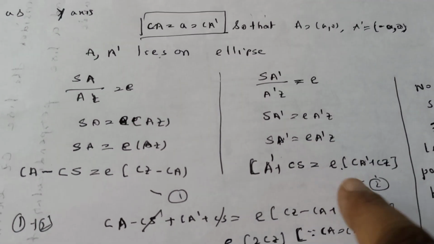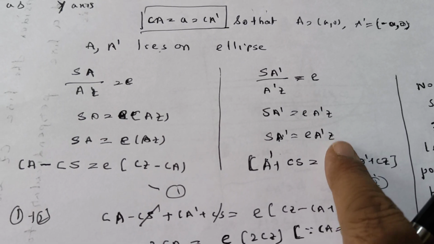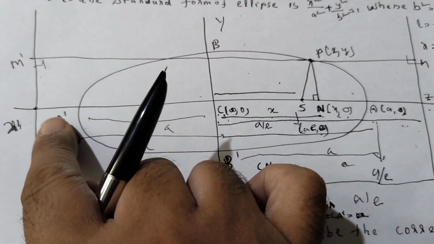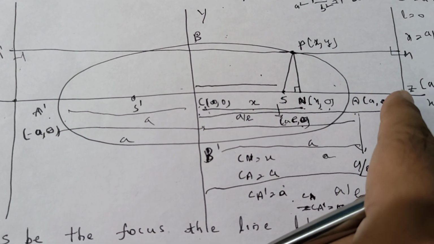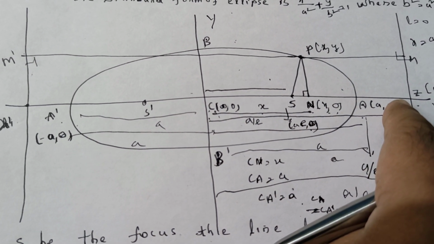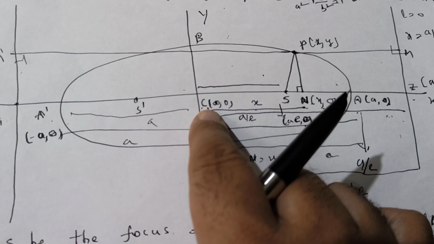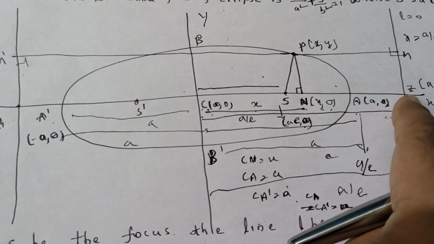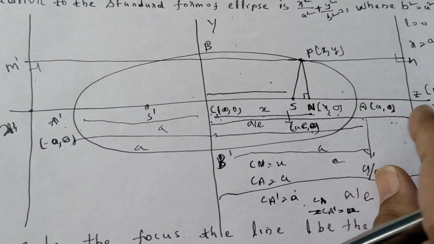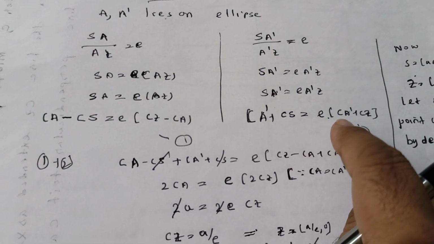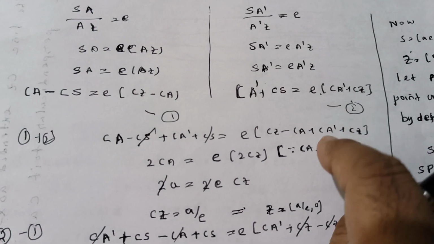If you look at the definition, A dash Z is there. What is A dash Z properly? This is A dash, this is Z. So when you are taking, in between is the center, CA dash plus you can take CZ from center to this distance. That's what you have written over here. CA dash plus CS is equal to E times CA dash plus CZ.